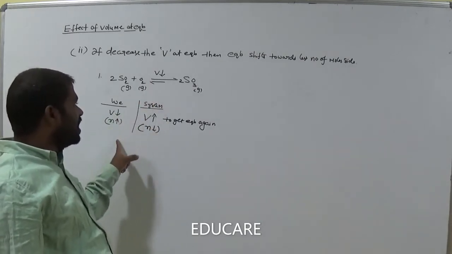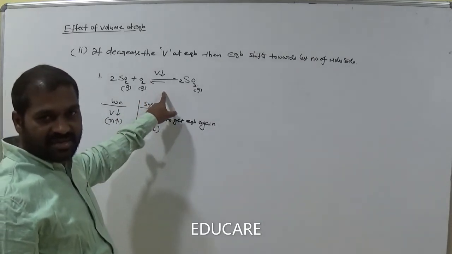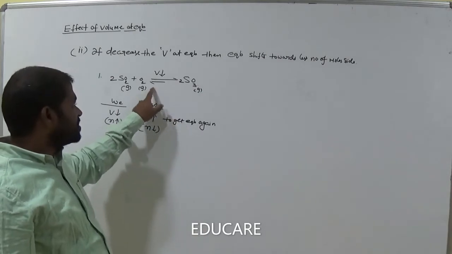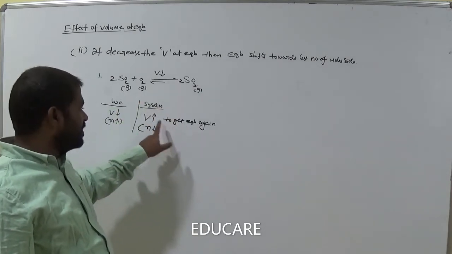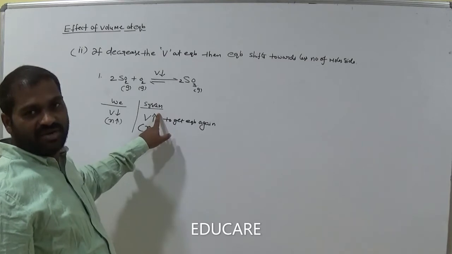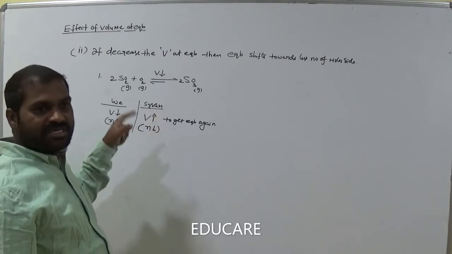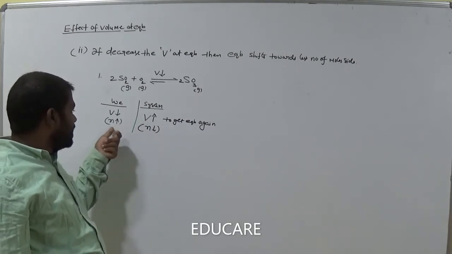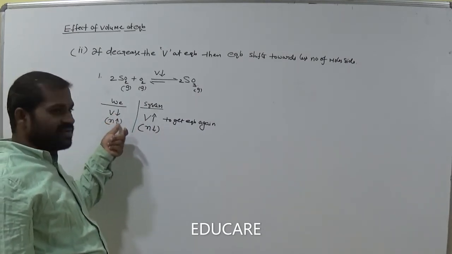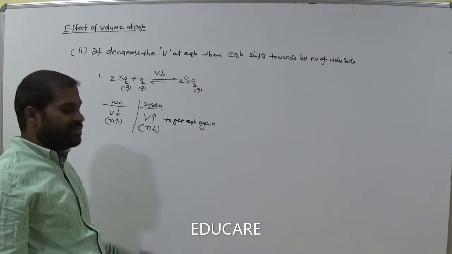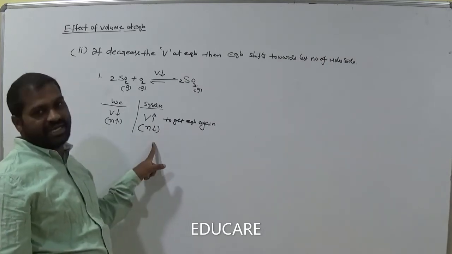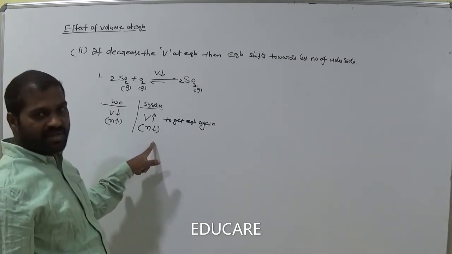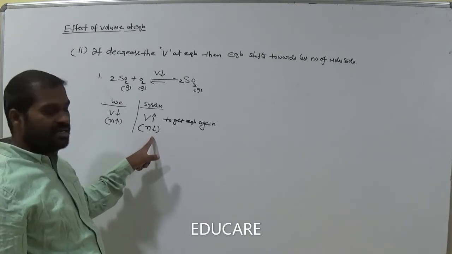So the system tries to get equilibrium again, that means it increases the volume. It opposes the change. We decrease the volume, automatically the system increases the volume. Volume increases means number of moles decreases. Remember this. Okay?